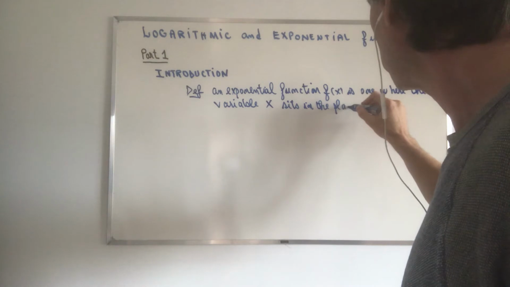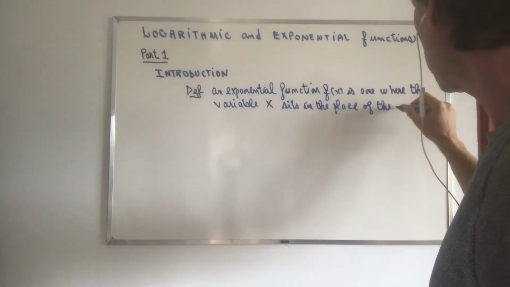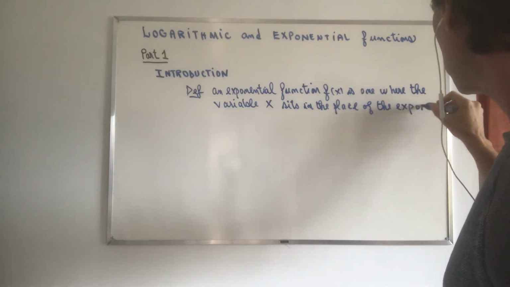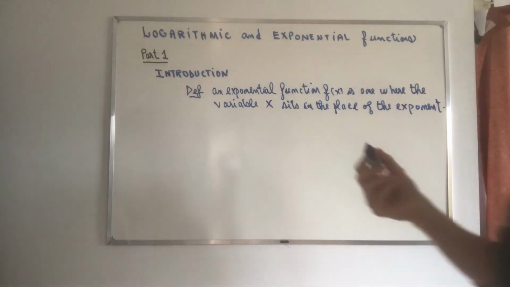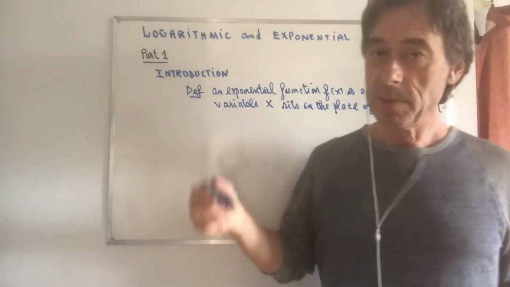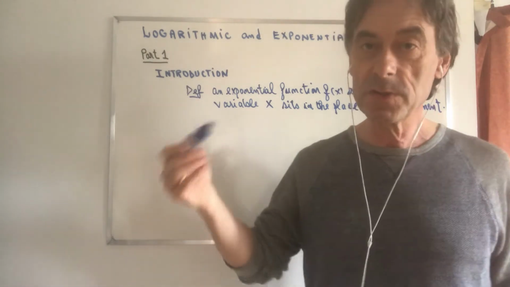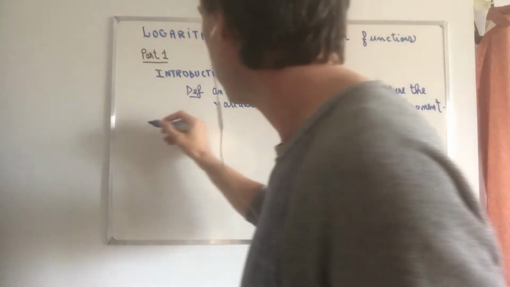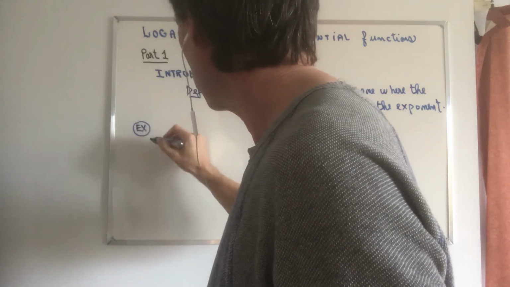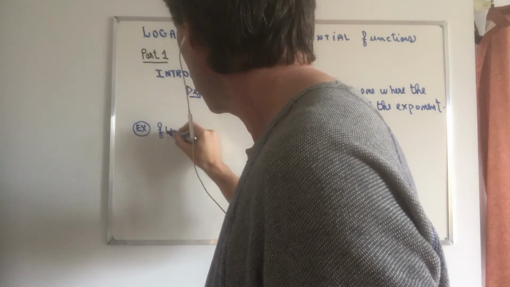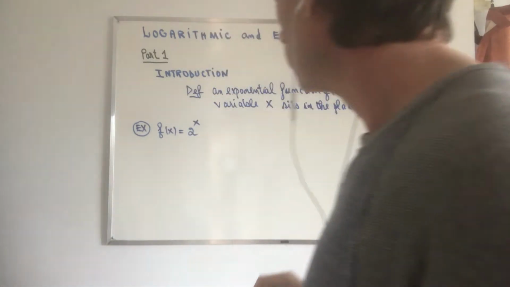That's why it's called an exponential, in the place of the exponent. So if you have like x squared, then the x is in the base. That's not an exponential. But if you have 2 to the power of x, then x is the exponent. That's an exponential. Let's take a look at exactly, as an example, what that function is. f of x is equal to 2 to the x.